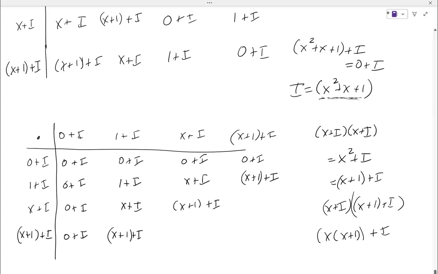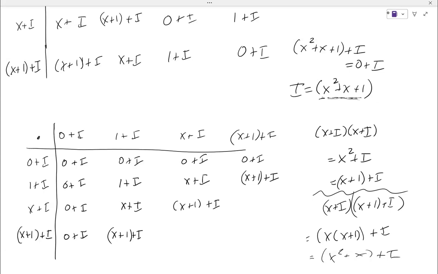That's the same thing as x times x plus 1, or x squared plus x plus I. Again, that's not one of the ones in our list. So what can we replace it with using that same idea that we talked about before? x plus 1 plus x. So just 1. Yeah, it's 1 plus I.